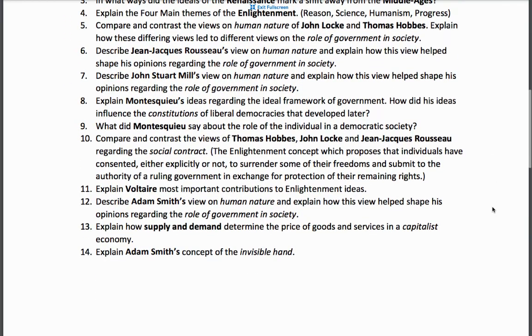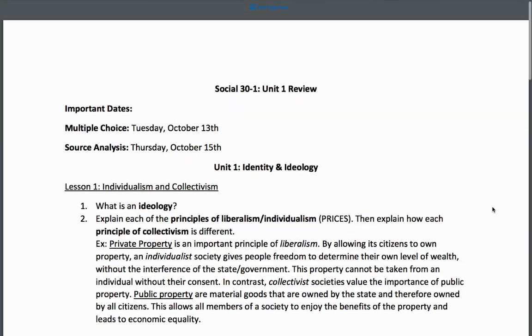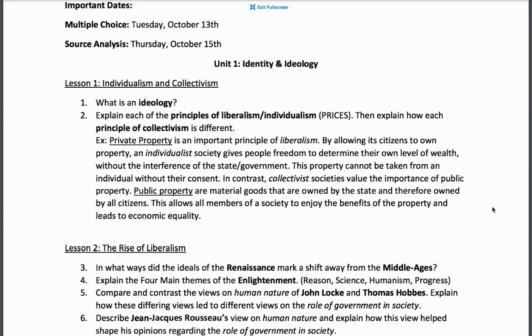You can take a look at these questions, and my recommendation is that you do each question one at a time, and read the question, start writing an answer to the question without looking at your notes. And then once you've written everything that you remember, then look through your notes and see if you have anything missing.